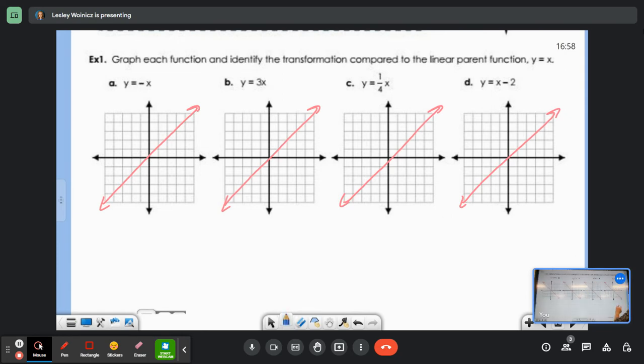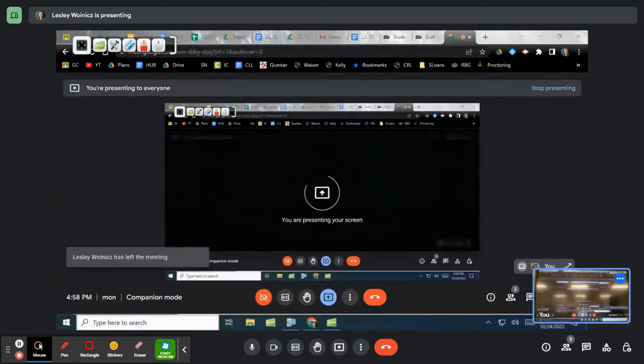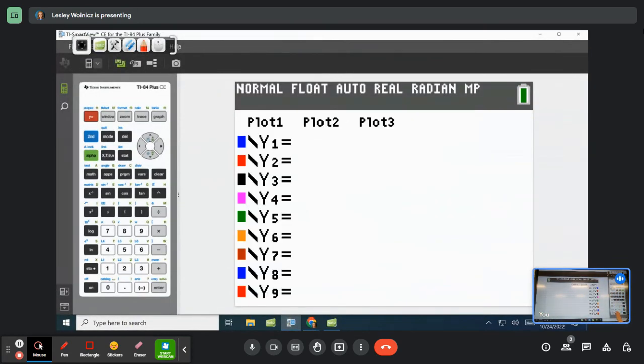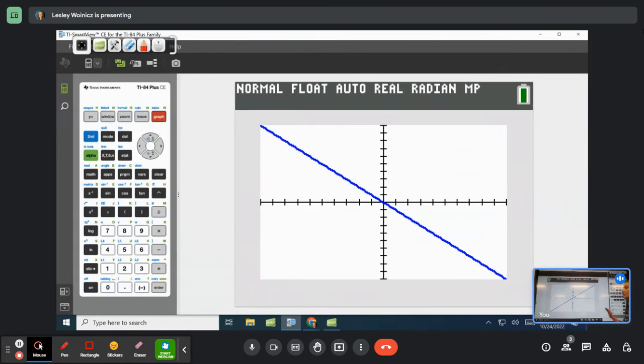When I look at this, I see that I have a negative in front of my x. Now if I put negative x in my calculator and graph it, you can see that now I get a line with a negative slope, just like we promised.